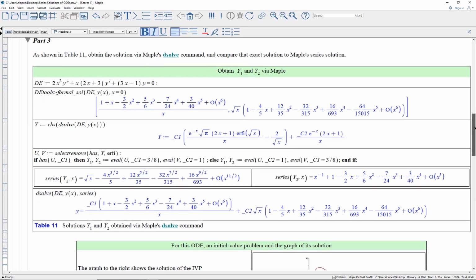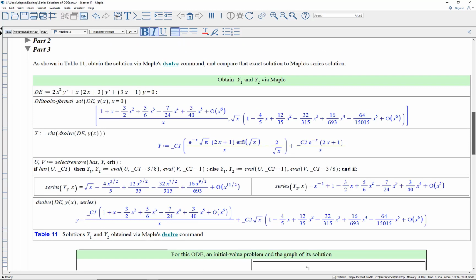So here in table 11, I'm going to get Maple's dsolve solution, and Maple can actually solve this equation exactly, closed form. I'm going to take a look at this power series solution, or not power series solution, the series solution that this command in the DE tools package generates.